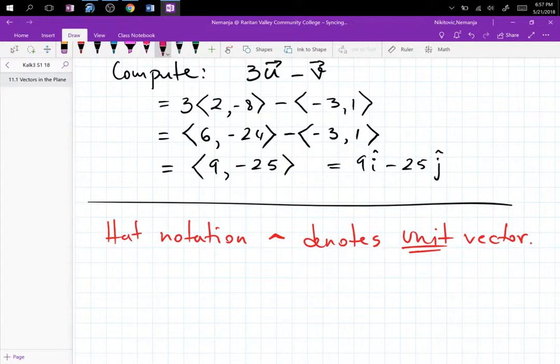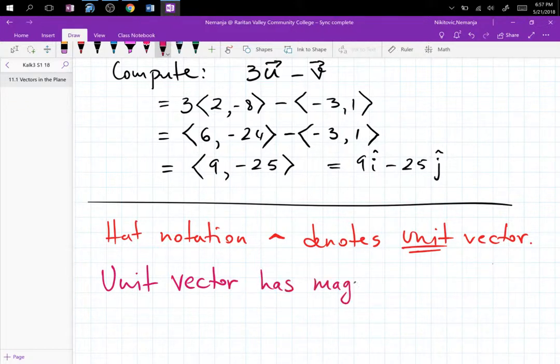What is the unit vector? Unit vector has magnitude equal to 1.